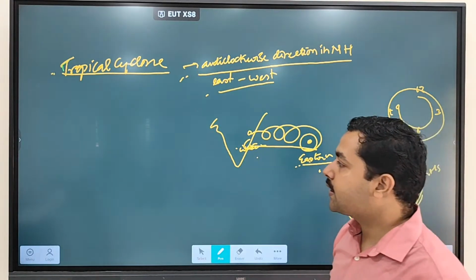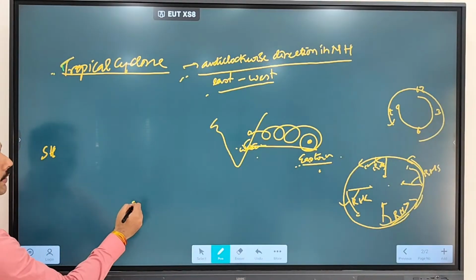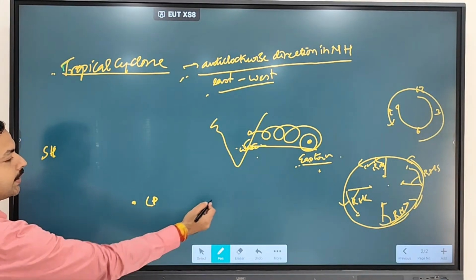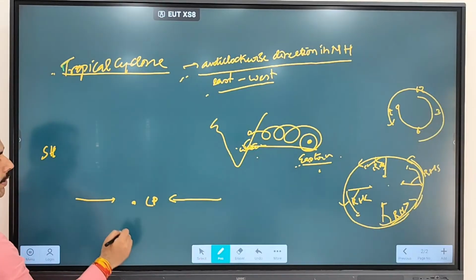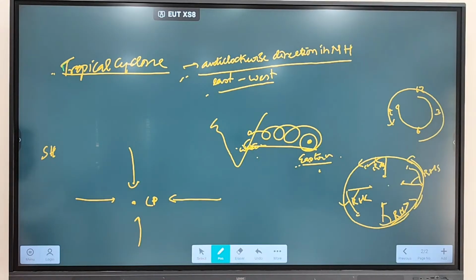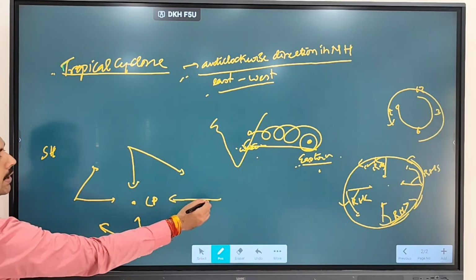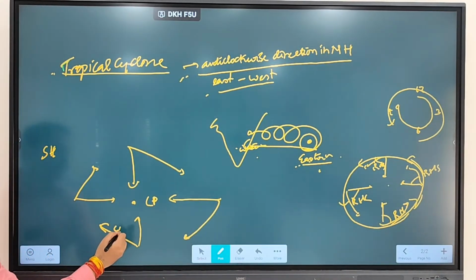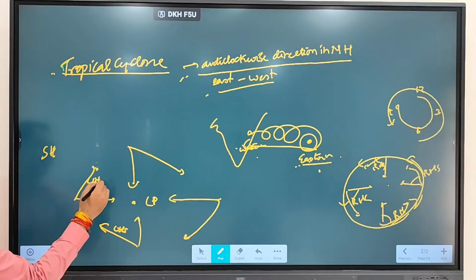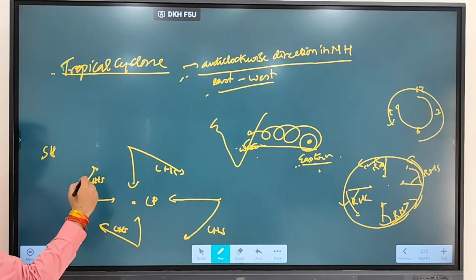Fine. In the southern hemisphere, what will happen? Let's say this is a low pressure center created in the southern hemisphere. Let's say wind is coming like this. Now, due to Coriolis force, winds are going to be deflected in which direction? Left hand side. They are deflected towards the left hand side in the southern hemisphere. Because of the left hand side, which direction is this?